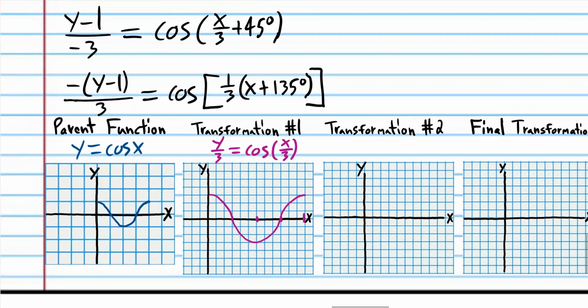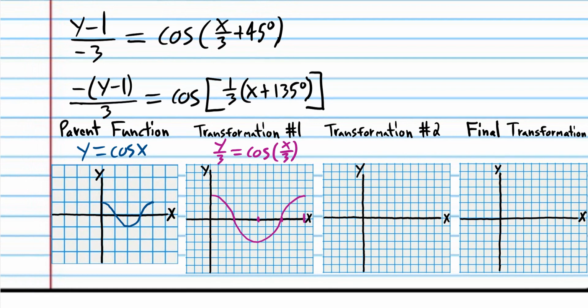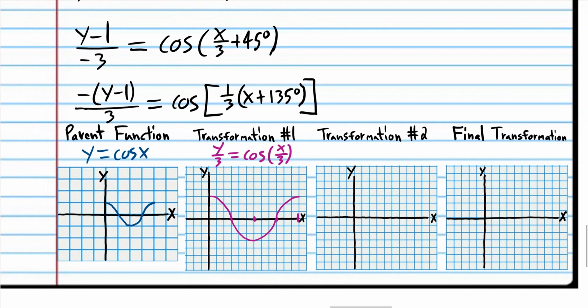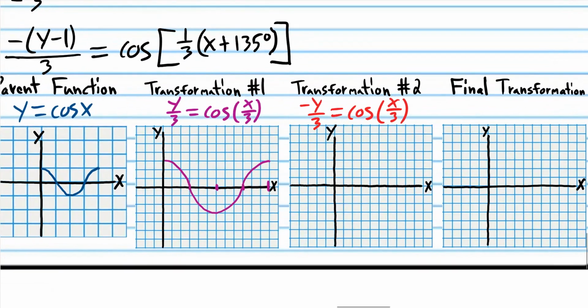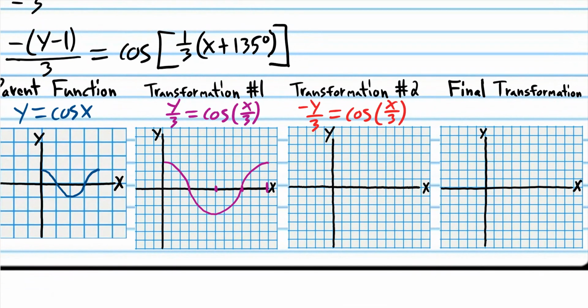Okay, so now it's time to reflect. So I'm going to replace y with negative y. And that reflects across the x-axis. So your graph is going to look something like this.